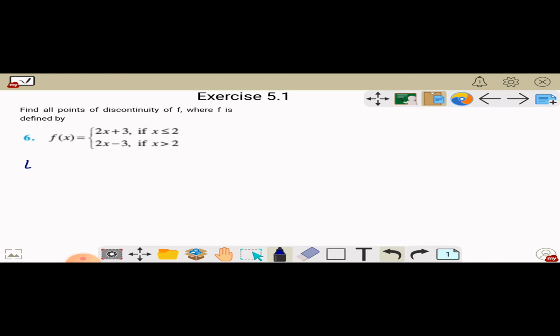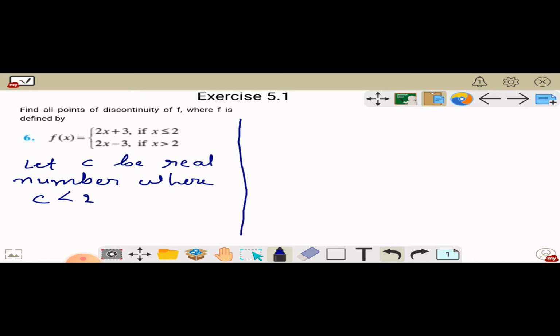So let c be a real number where c is less than 2. So now we will check the continuity for all the points which are less than 2.